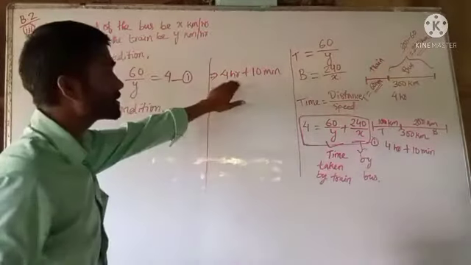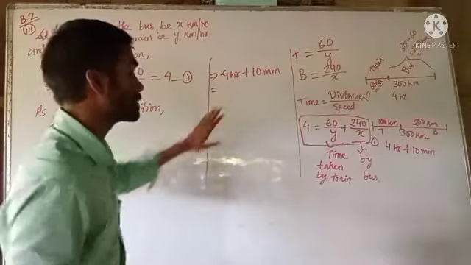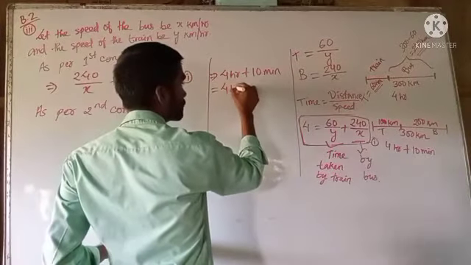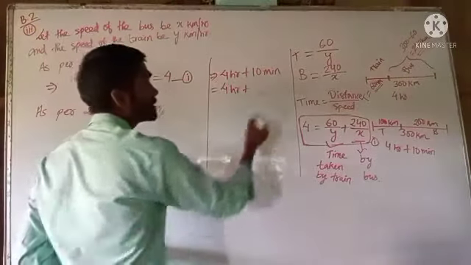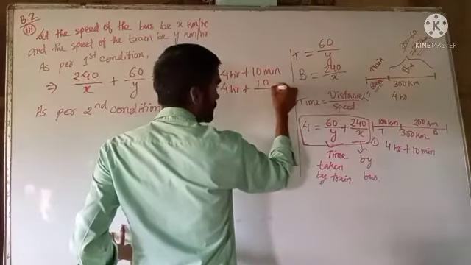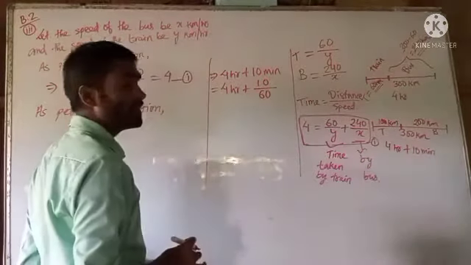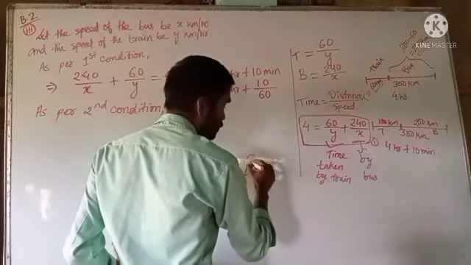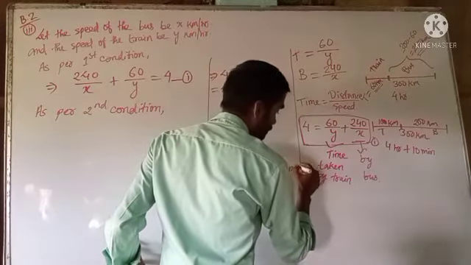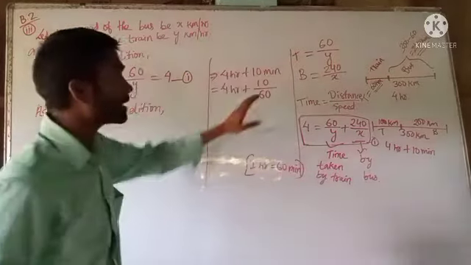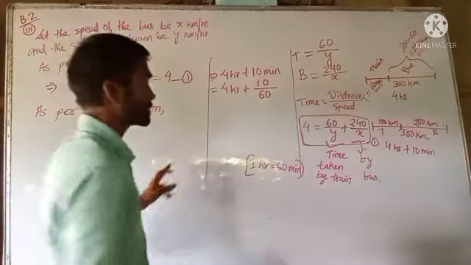Here it is in hours and minutes, so we will convert this into hours. So 4 hours and 10 minutes. How can we convert minutes into hours? 10 minutes divided by 1 hour, that is 60 minutes, because 1 hour is equal to 60 minutes. Then 10 minutes will be 10 by 60 hours.